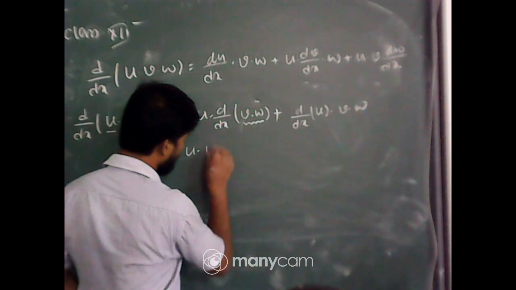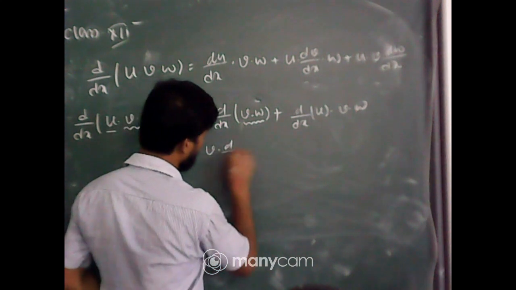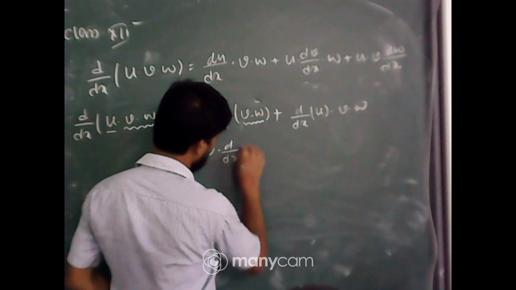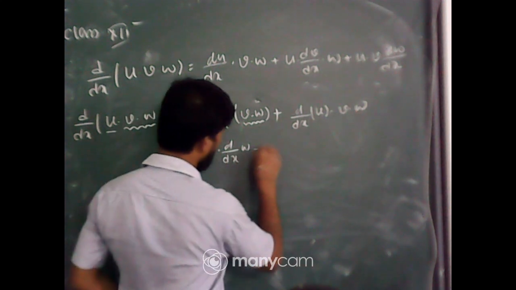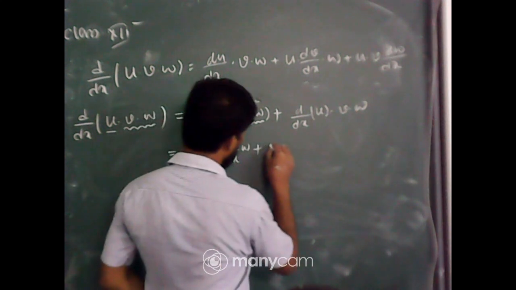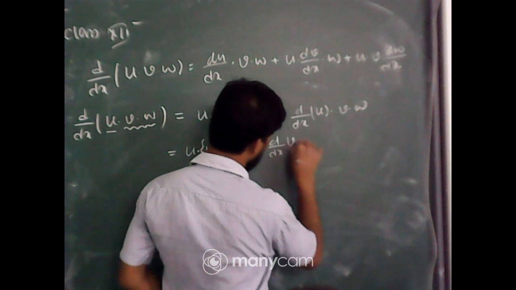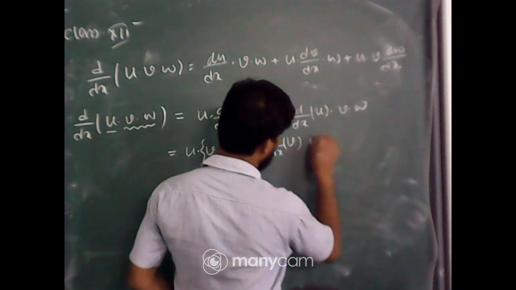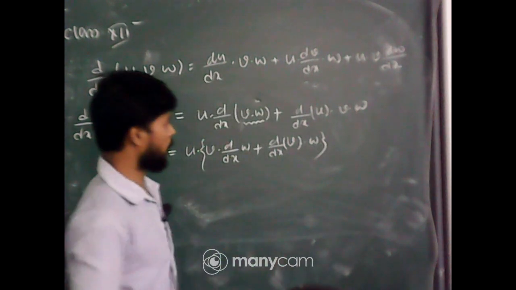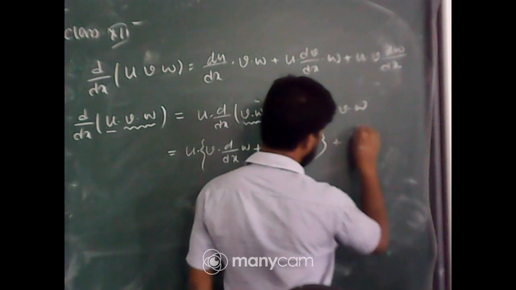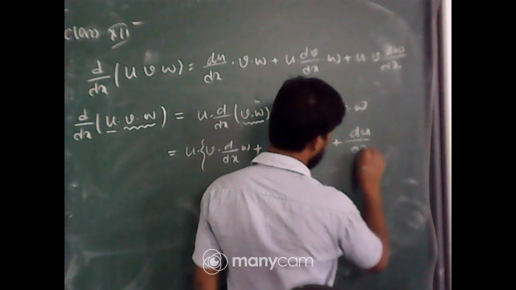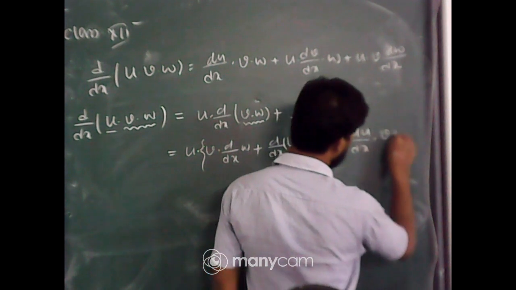So first function fixed, derivative of second function, plus now derivative of first function into second function, plus leave it as it is, du dx into v into w.